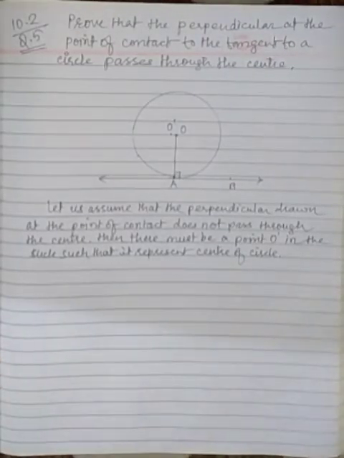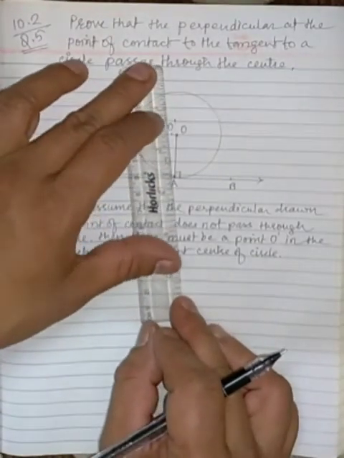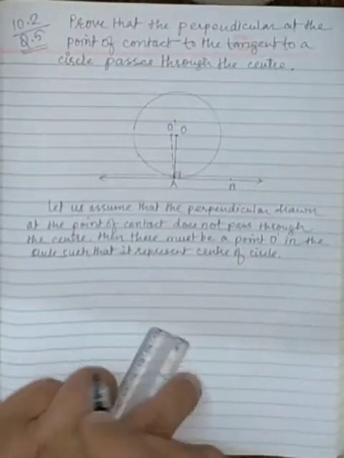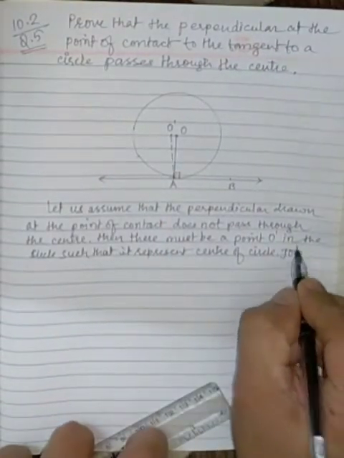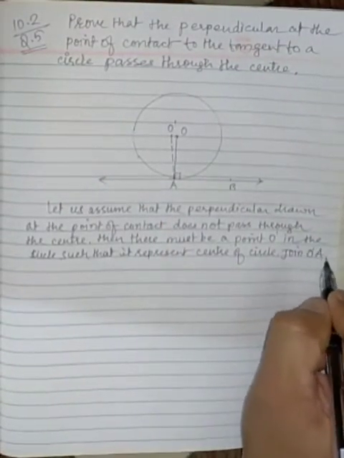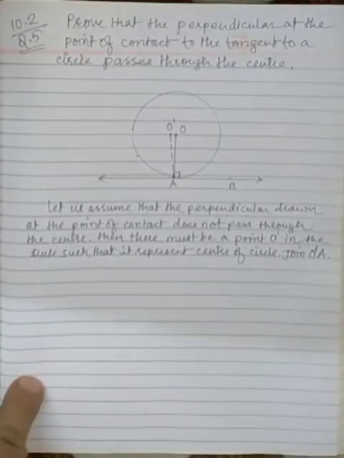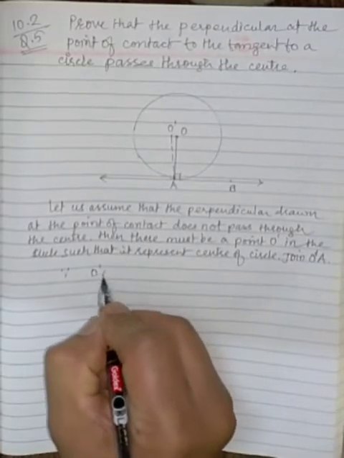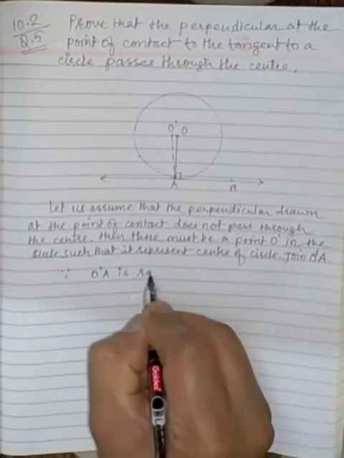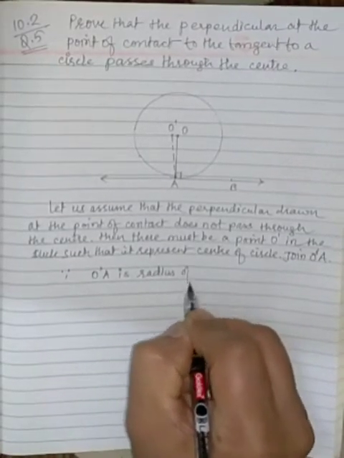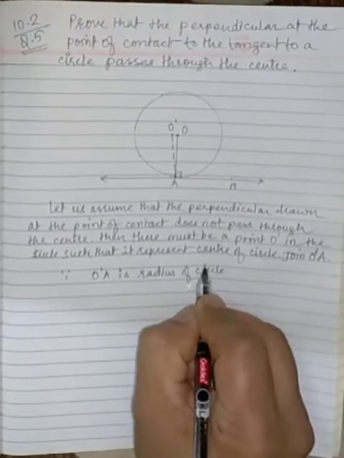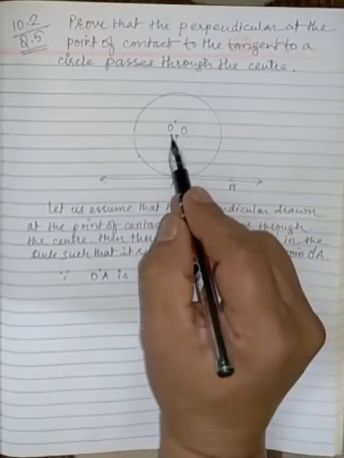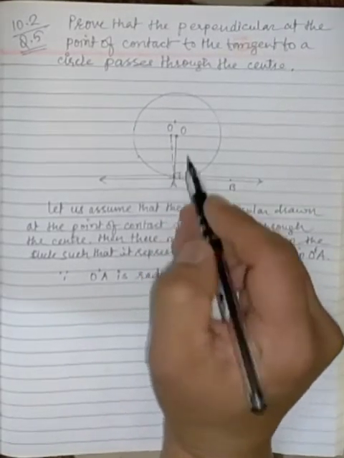Now let us join O dash to A. Join O dash A. Now since O dash is the center and A is the point of contact, the line segment joining O dash A is the radius of the circle.